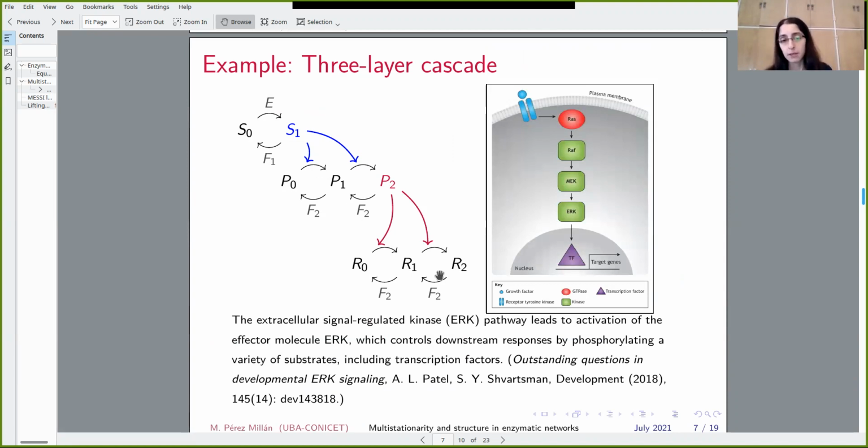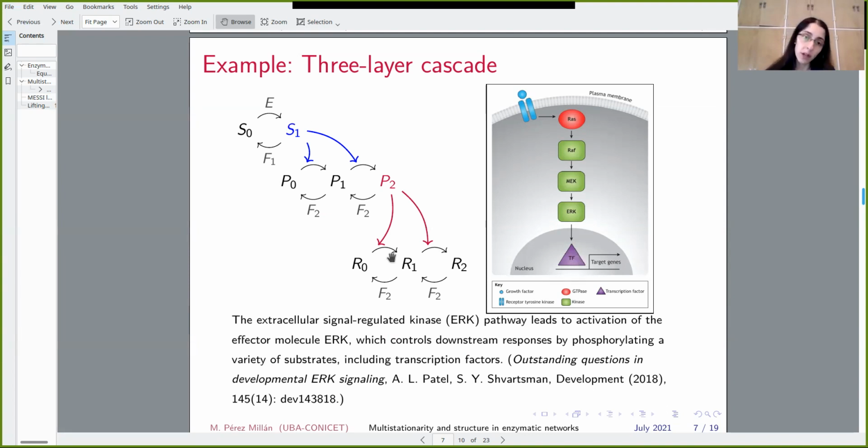In this case, the same enzyme goes back. This cascade represents the ERK signaling pathway, which is quite important in cell functions, because this ERK protein activates many transcription factors that are crucial for cell reproduction. So it's a very important pathway in the cell.